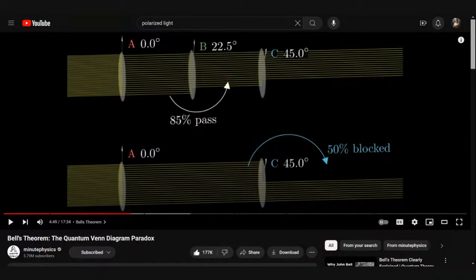Right? More or less. I still have some doubts about why the cosine squared, but we can continue. Okay. But look at this. This is weird. What do you mean 85% pass? That cannot be right, because it's the 0 degrees.